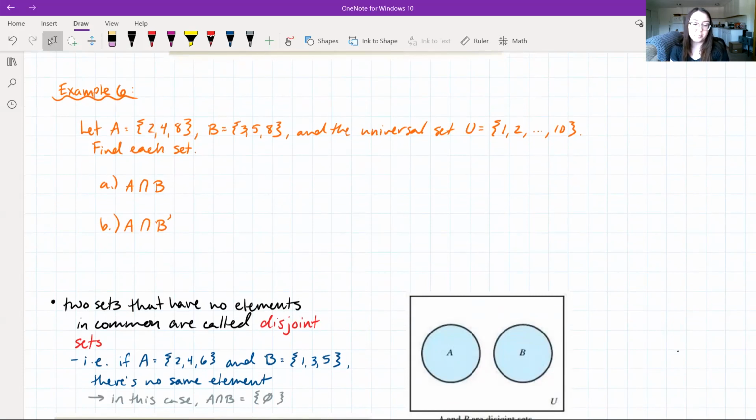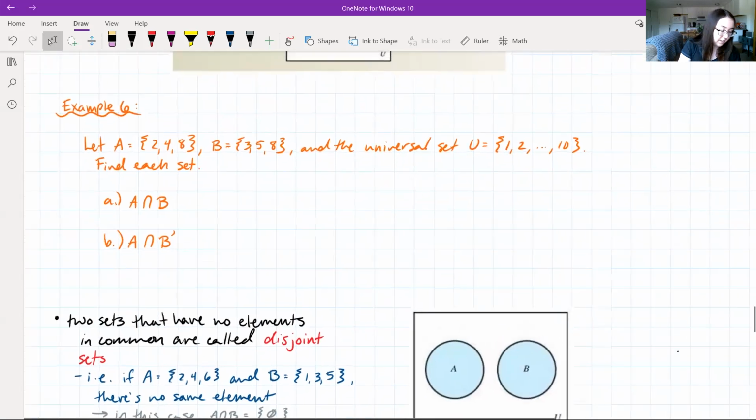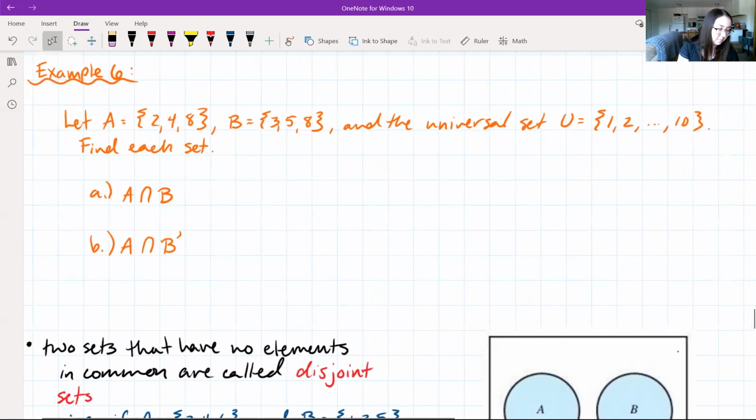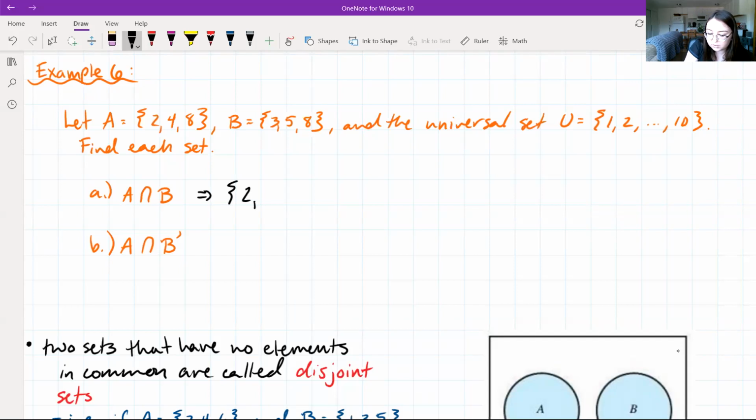So for part A here, we have A intersects B, or the intersection of A and B. So let's just rewrite this, because let's visually look at our sets side by side. So our set A is 2, 4, and 8. Write our intersection symbol. Our elements of B are 3, 5, and 8.